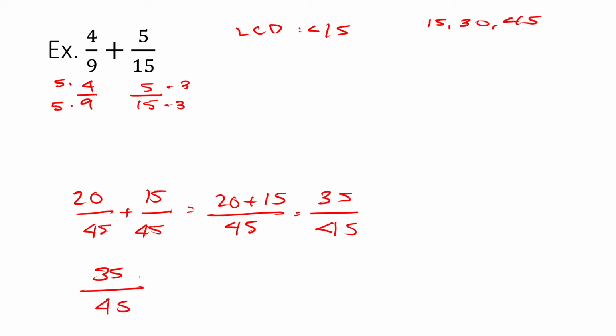So, how do we simplify 35 over 45? We're going to divide 35 by 5 and 45 by 5. Do you have to divide the same number to the numerator and denominator? 35 divided by 5 is 7, and 45 divided by 5 is 9. So we can simplify 35 over 45 as 7 over 9.